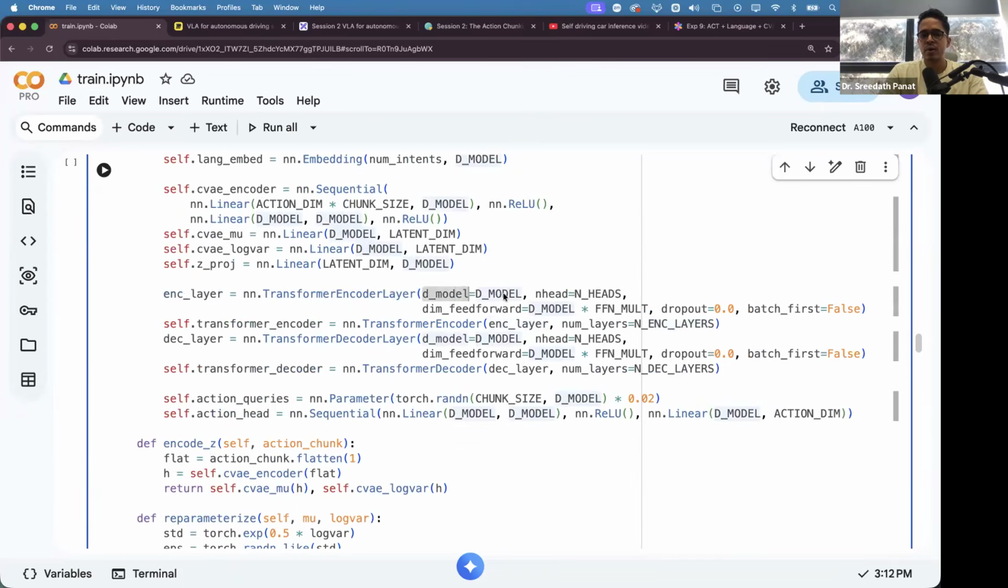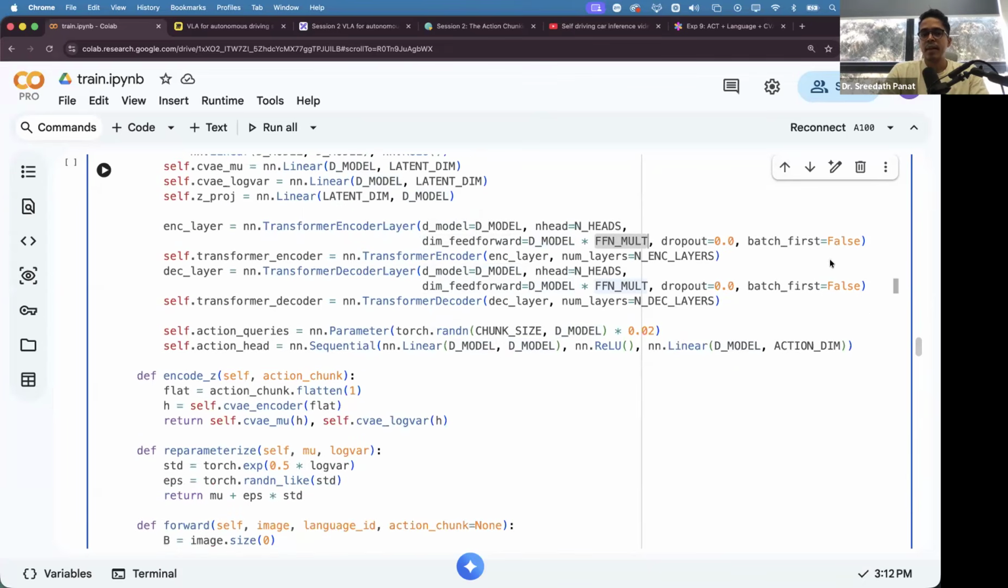The dimensionality of the model is 64, the number of attention heads is 2, and the dimensionality of the feed forward is 64 multiplied by 2 because the FFN multiplier is 2. Dropout is not there. Batch first equal to false means the first dimension is the token sequence, not the batch. But in many cases, depending on the way you write the code, you will have to put this as true. Otherwise, you will not get the output.